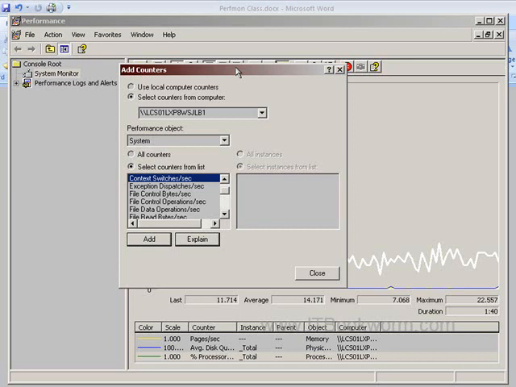The baseline is when the system's running at its very fastest, usually when it's first put together and things are running really well. That's going to be your baseline for things like context switches when you have no other way of finding out what it is. If your context switches are 3, 4, 5 times what they should be, say you expect to see 1,000 and you're up into 7 and 10,000, a lot of times that's a bad driver.